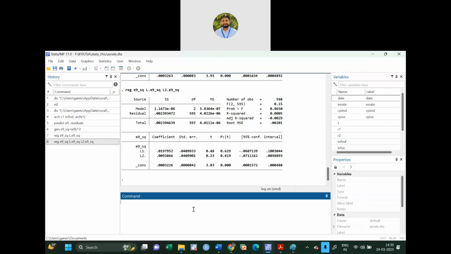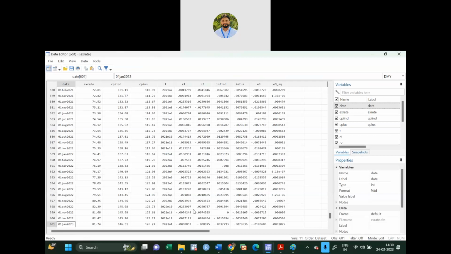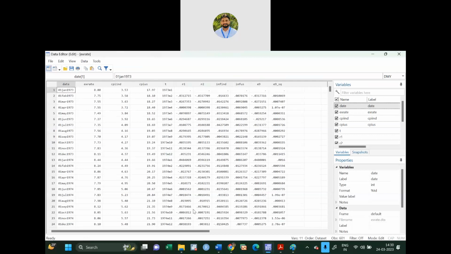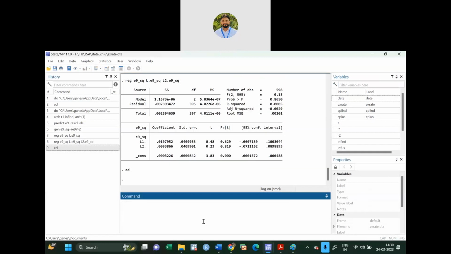So what I am going to do today is to look at a little bit advanced stuff, which we can call vector autoregression, or you can call autoregressive distributed lag model, or vector error correction model.